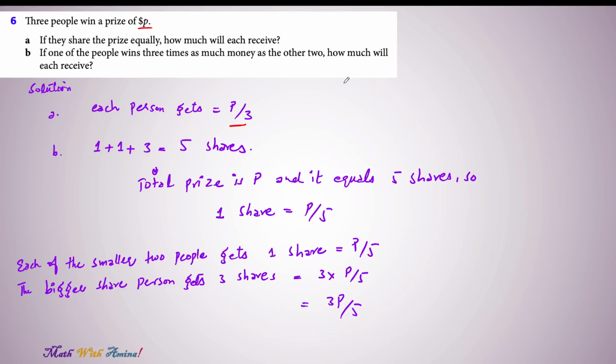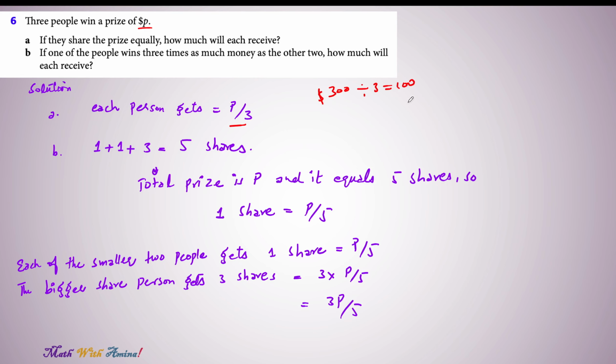Think of it as an example. Let's say the prize is $300, right? Then each person would receive, if we divide 300 by 3, 100.